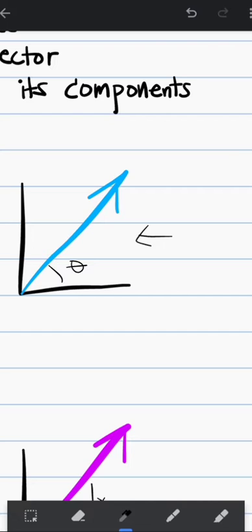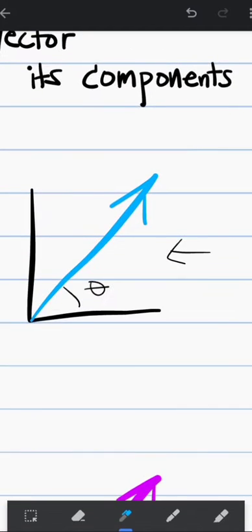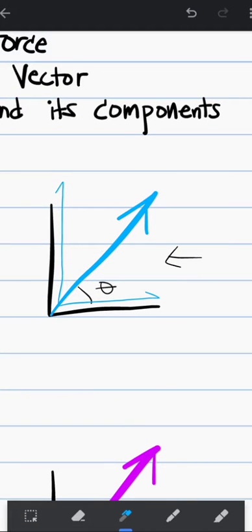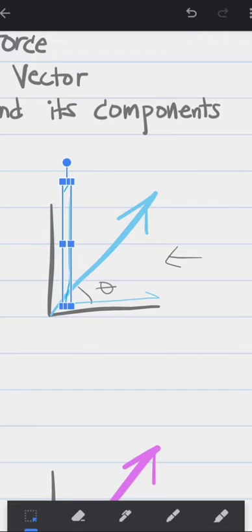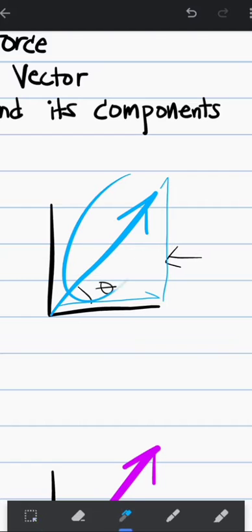For cosine, it's adjacent over hypotenuse. And for tangent, it is opposite over adjacent. Since the components of the vector here is something like that, and like this one, we can form the triangle by moving this component into this one to get this resultant.